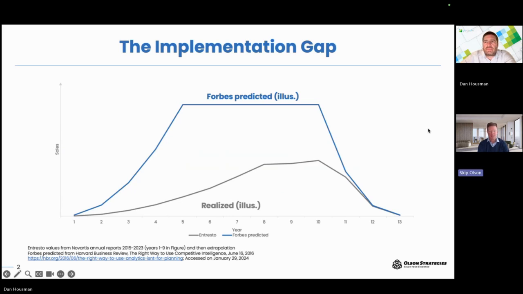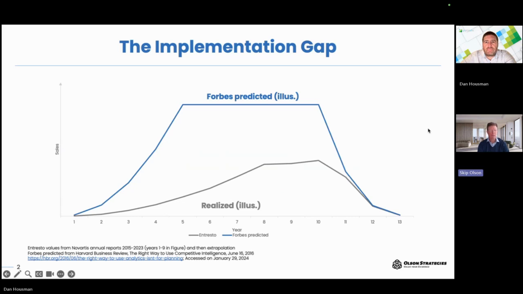So what I actually have on the slide here, in this slow sort of average uptake, is based on a real medication, Entresto, for heart failure. They had very, very slow sales at the beginning. It did eventually pick up, but very slowly.